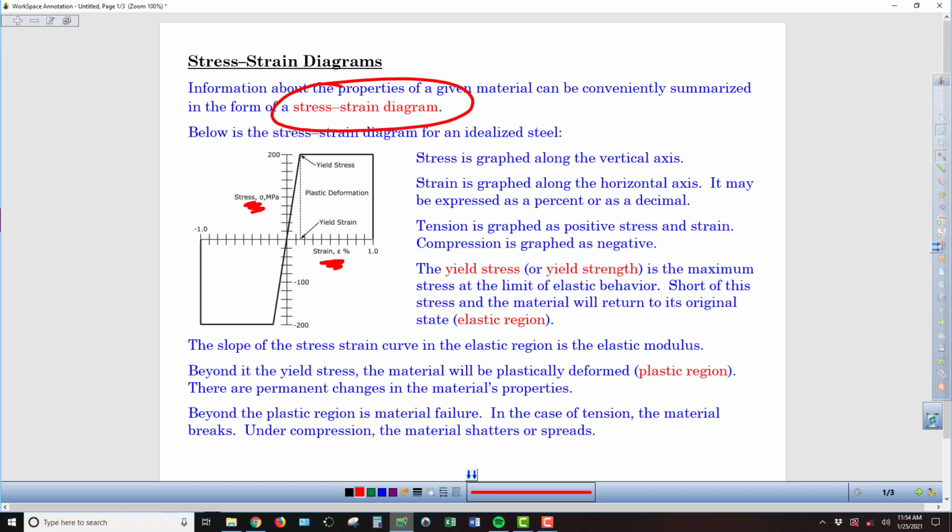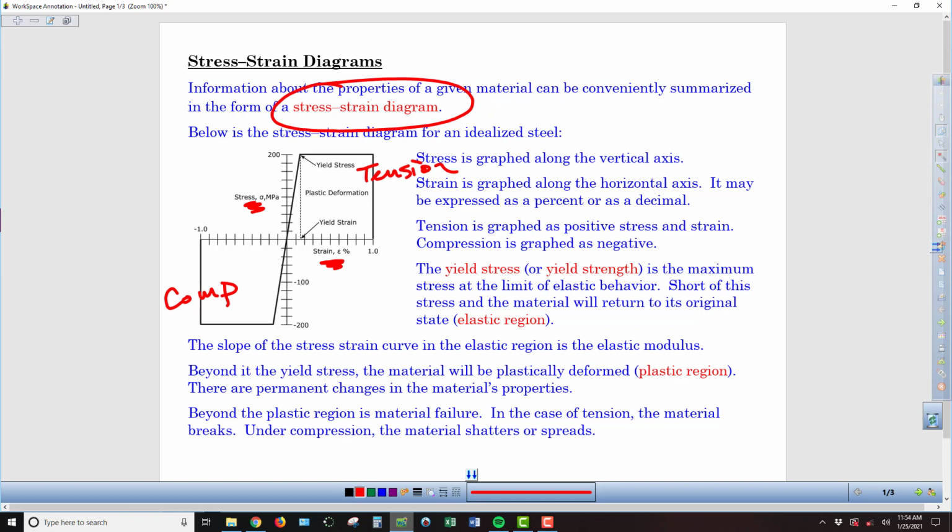So we're in the first quadrant here when we're under tension, and we would have a third quadrant graph if we're under compression.